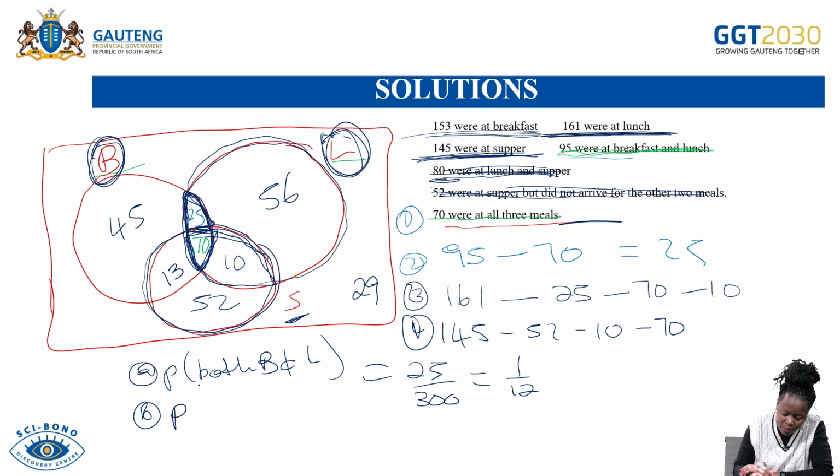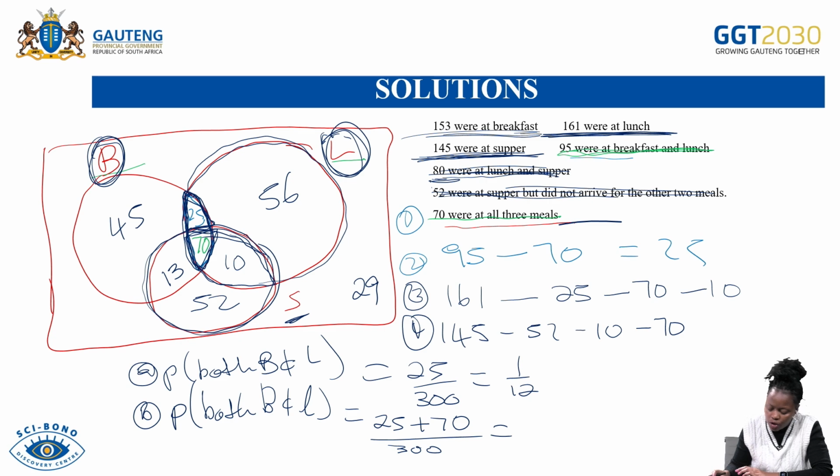So you say the probability of getting both breakfast and the lunch is going to be 25 plus the 70 all over 300. So it's 25 plus the 70, which is 95 all over 300.